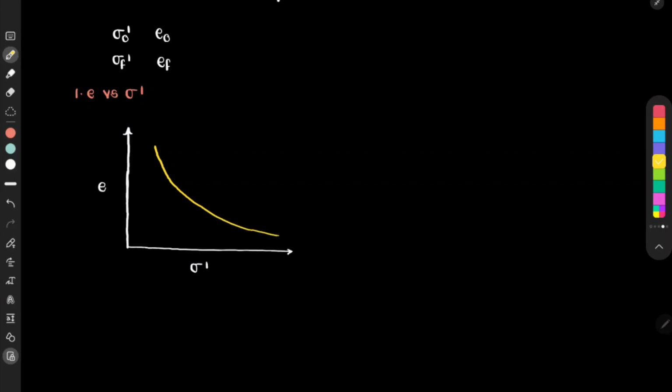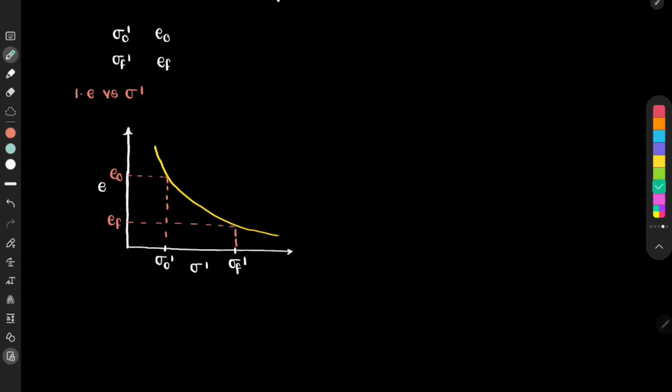Let's say initially the effective stress is sigma naught dash, and this is the effective stress by the end of consolidation, which is sigma F dash. Corresponding to sigma naught dash, the void ratio is E naught, and corresponding to sigma F dash, the void ratio is EF.